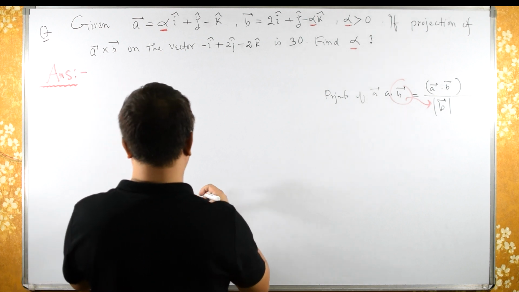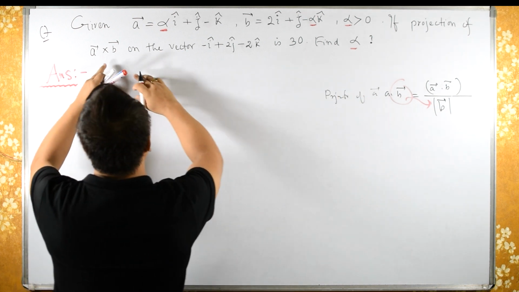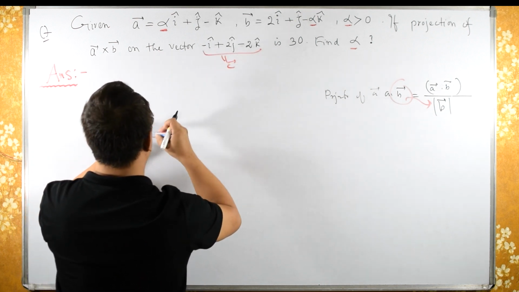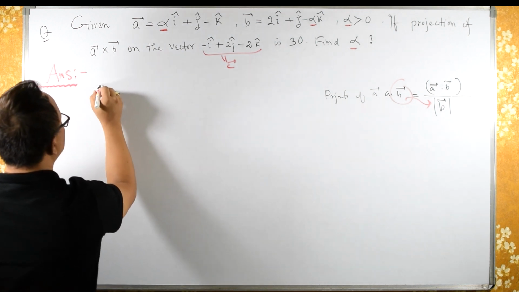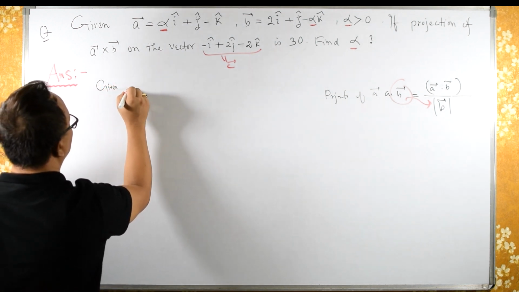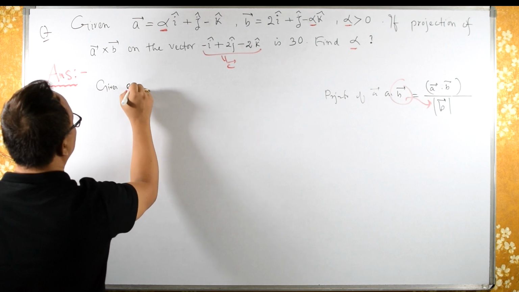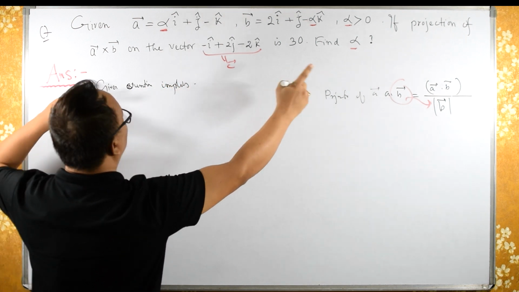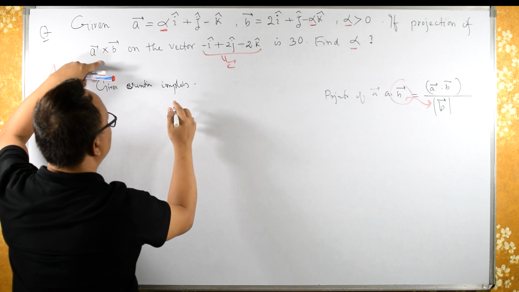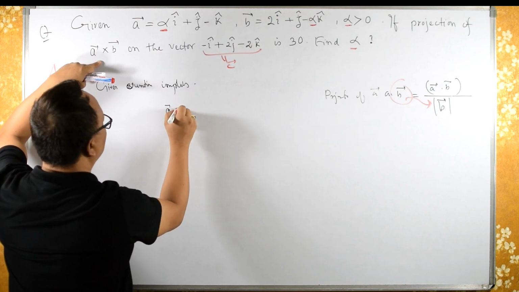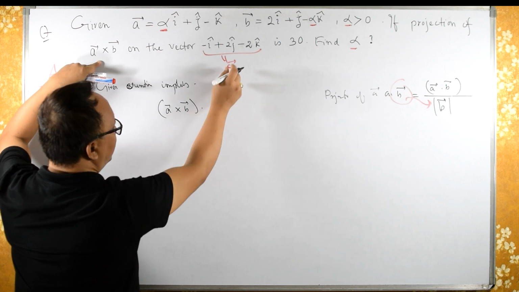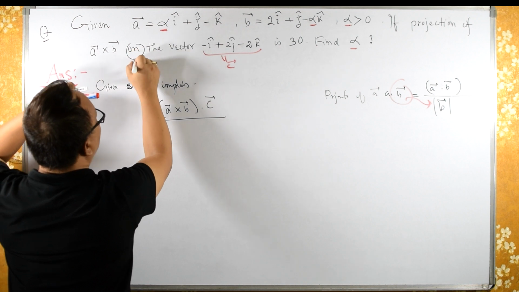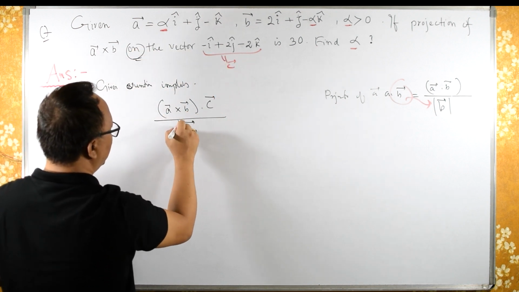So now in this question, what is given? If the projection of this on a vector, let's consider this as some vector c. So the given question implies, projection of a cross b on c means you need to find the magnitude of c vector.